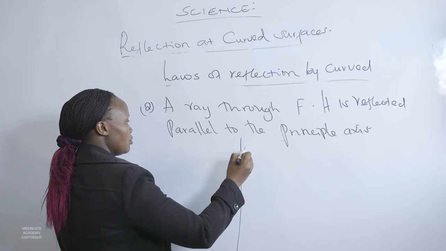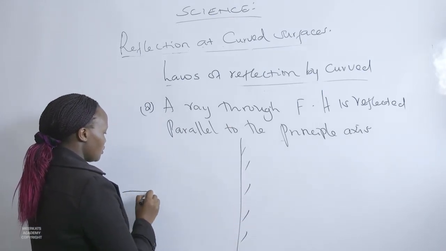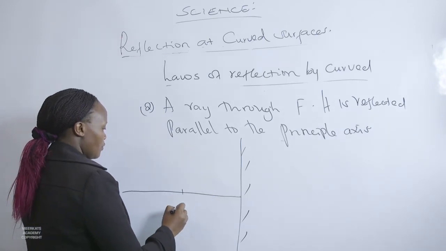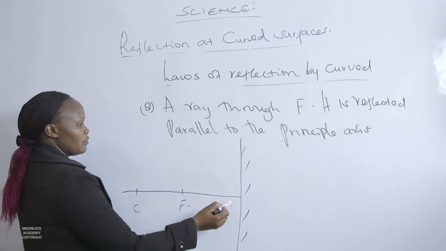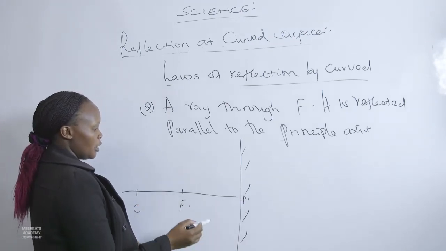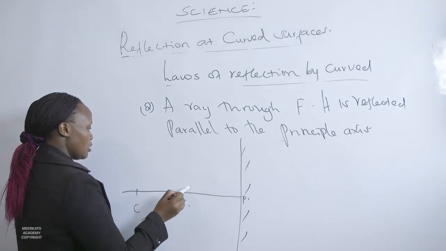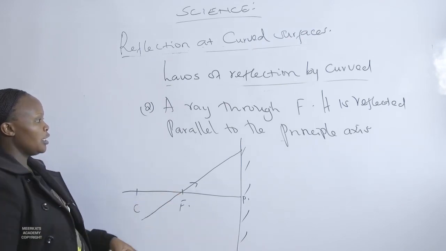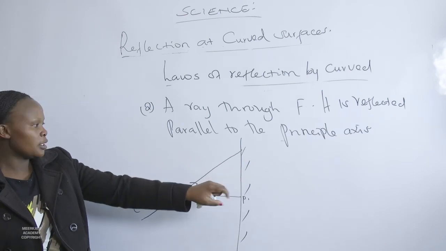For example, if we have our reflecting surface here, this is F, this is C, then we have the pole, again we have a ray through F incident to our reflecting surface at some point.